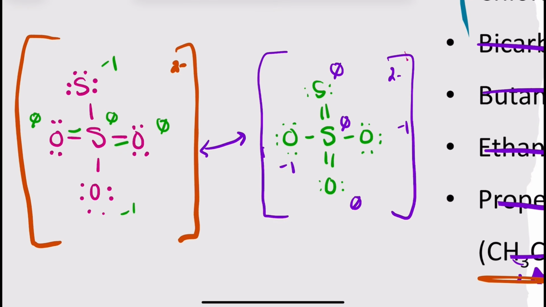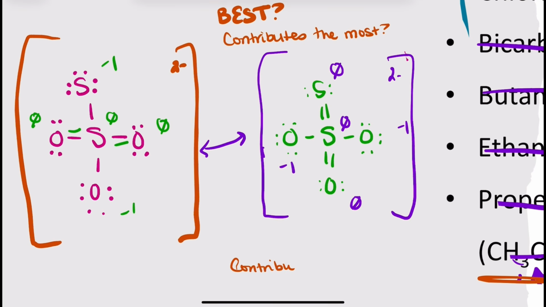Both of them have sulfur in the center with a 0 formal charge. One of them has one oxygen with a 0 formal charge, one has two. Both of them have two different atoms with a -1 charge, but which one's going to be best, meaning contributes the most? Which one contributes the least?